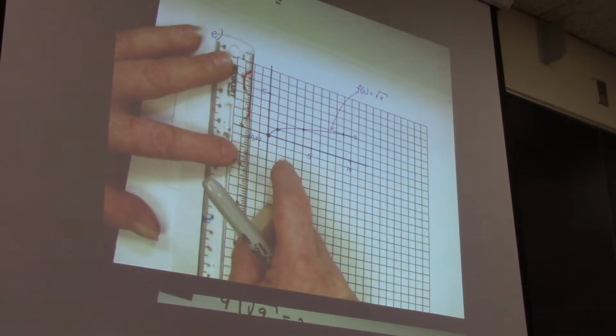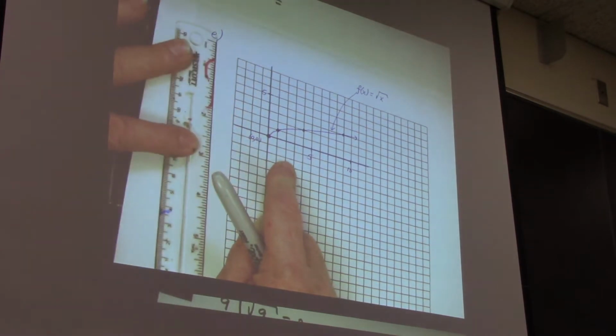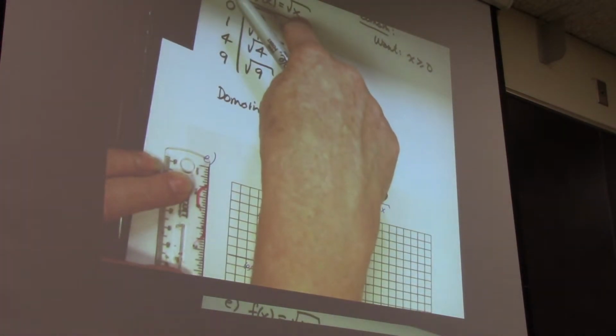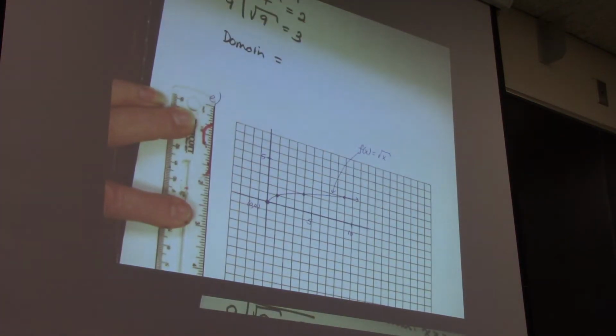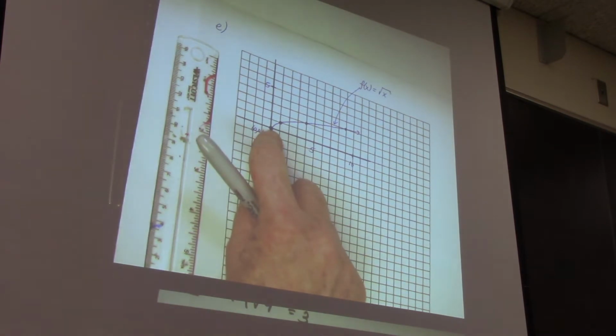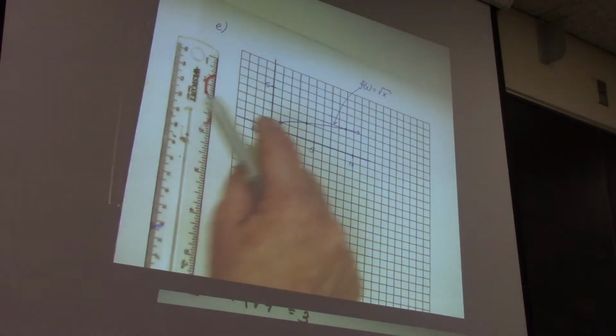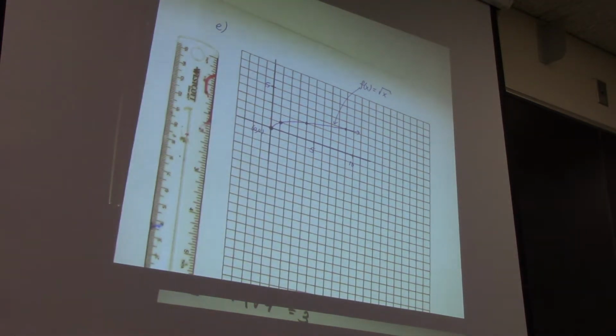At x equals -2, there's no point on the graph. For no negative x's are there points on the graph, because if you try to plug in those x's, you get the square root of a negative number, which is not a real number. So your graph is going to start at x equals 0. There are no points on the graph to the left of 0.